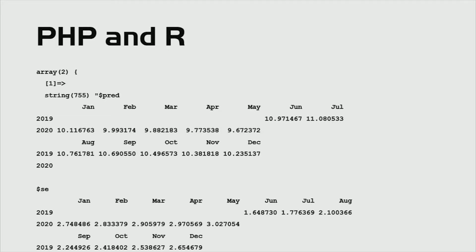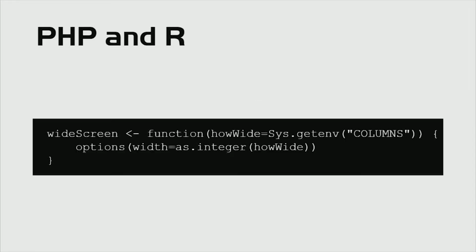And yeah, you notice it also does this little wrap, only going up to July, then wrapping, and then August, September, October, November. That's because by default, R works with an 80-character screen. It's rather dated in that regard.